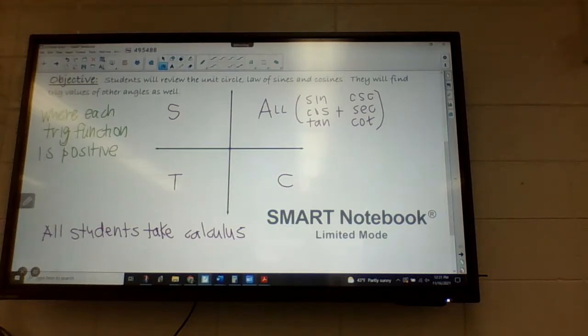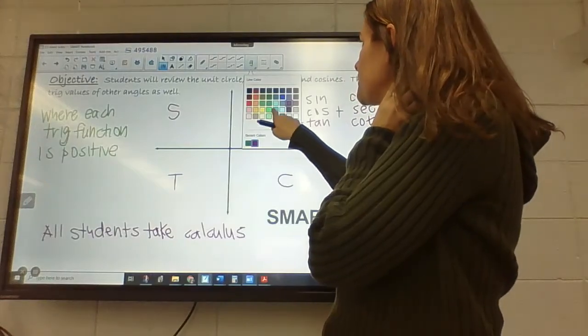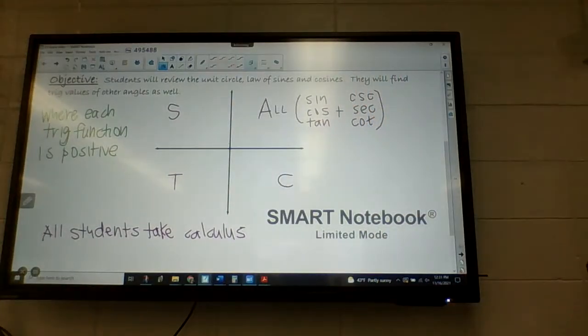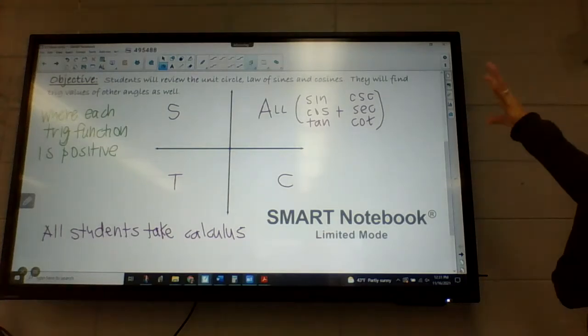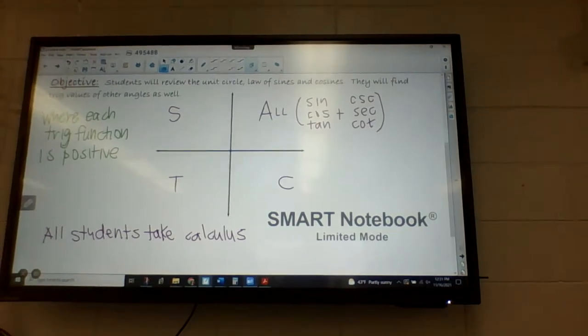I don't think I ever learned it, so I literally know the first few planets, and then after that I start guessing. But okay, guys, All Students Take Calculus, or All Students Take Cookies, something other than that is fine. Okay, guys, that's how you say it.